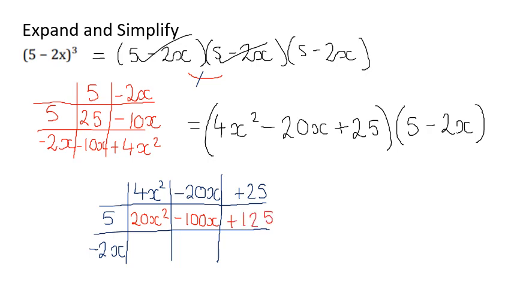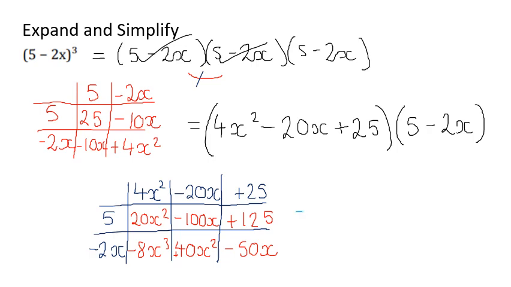Negative 2x times 4x squared is negative 8x cubed. Negative 2x times negative 20x is 40x squared, it's a positive. And negative 2x times 25 is negative 50x.